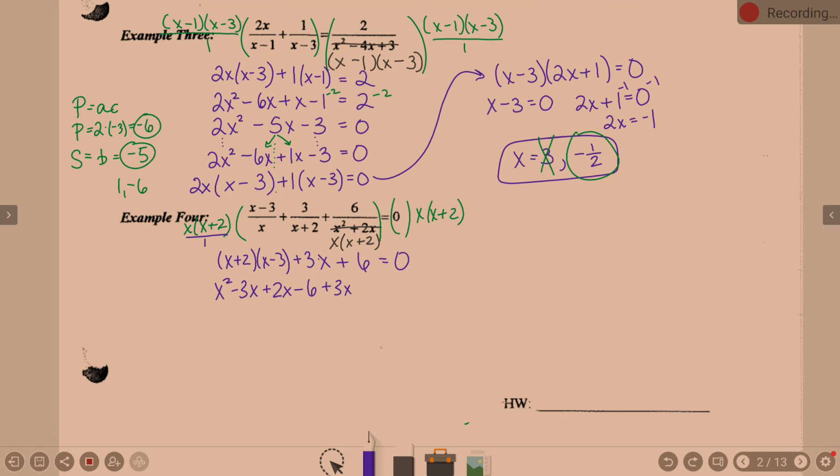And we still have a plus 3x and a plus 6 equals 0. Okay, I like the way this cleans up. It cleans up nicer than I anticipated. Carry the x squared down. Minus 3x and plus 3x cancels, leaving me a plus 2x. Minus 6 and plus 6 cancels. I have x squared plus 2x equals 0.